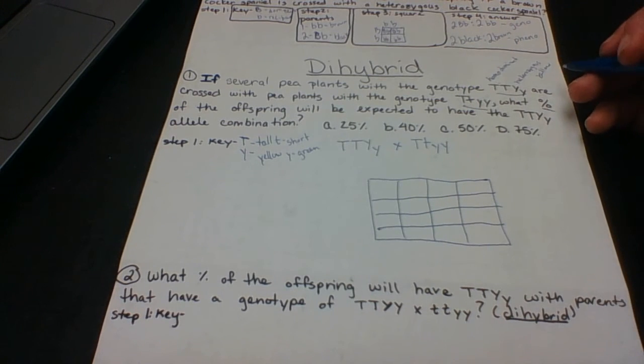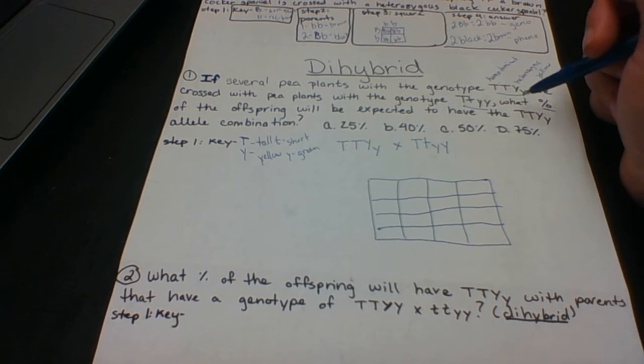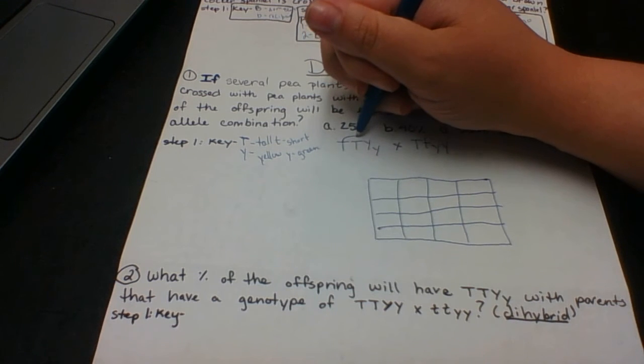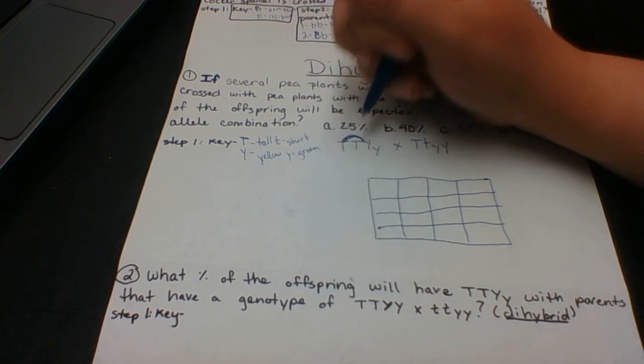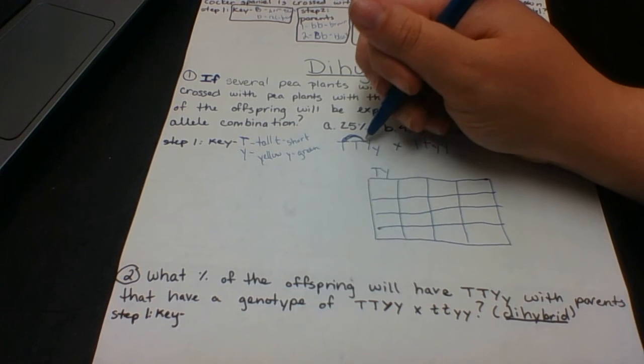And to remember, when we're lining up our parents, we have to remember to be happy. Or in math, I believe you guys have been using the distributive property, which is great. But I like to use the happy face. So, eyebrow. First one, big T, big Y. Another eyebrow.